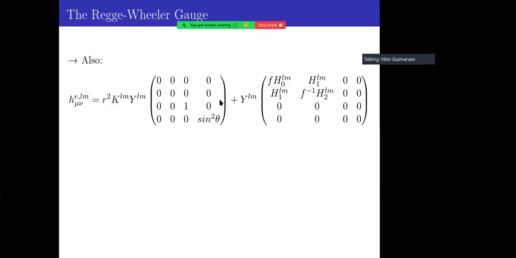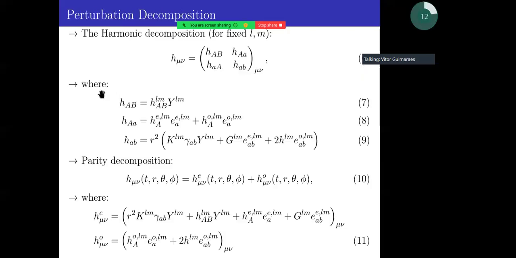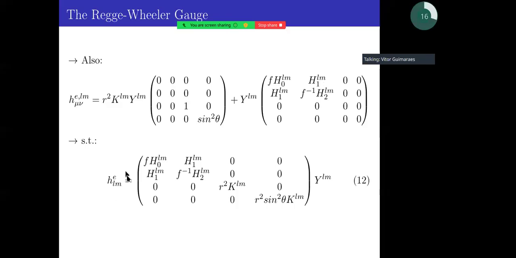The induced metric is here, the metric of the two-sphere is here, which is basically focusing on this 2x2 matrix, but brought to the 4x4 spacetime. So these are scalars. If we sum this, this is what we get. This is the even perturbation.